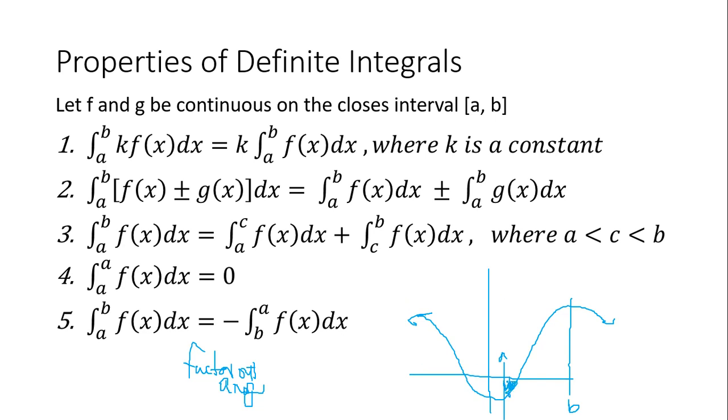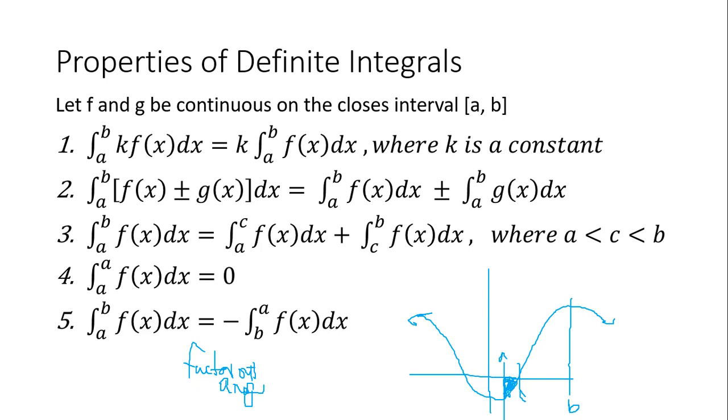I don't want a negative area, but what I can do is make this positive by switching the order of integration. Instead of going from A to B, or let's call this C, instead of going from A to C and getting a negative answer, I can go from C to A and get a positive answer and then just multiply it by a negative. I have to still account for the fact that this is negative, right?